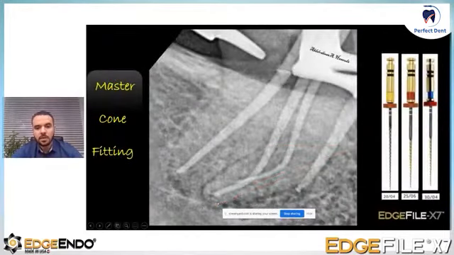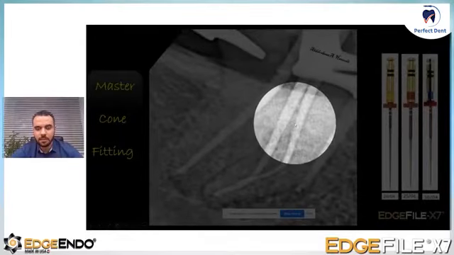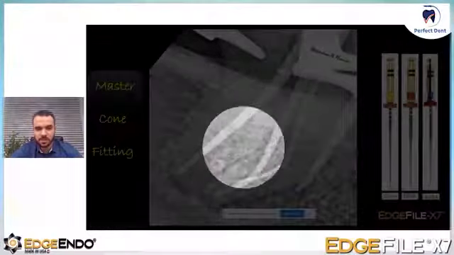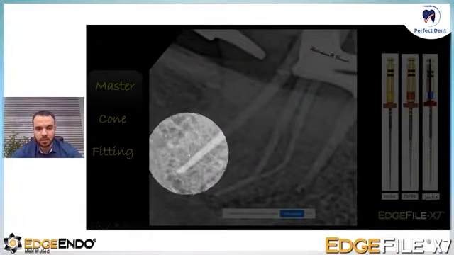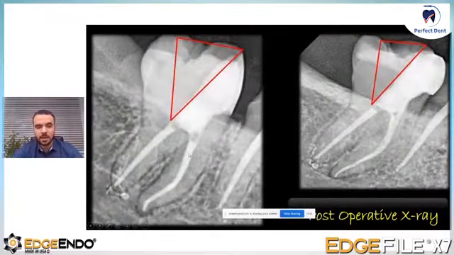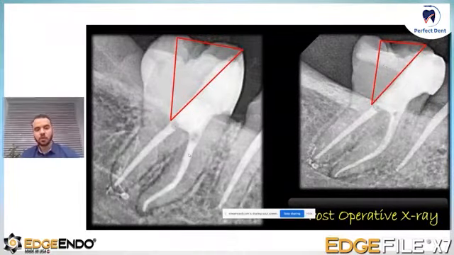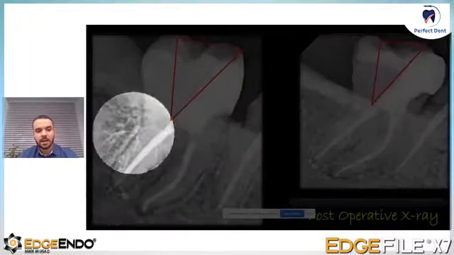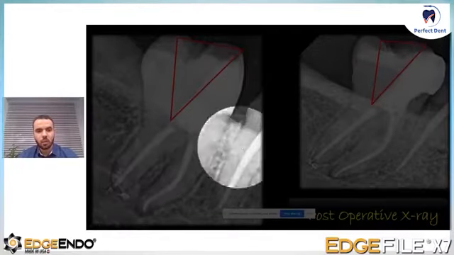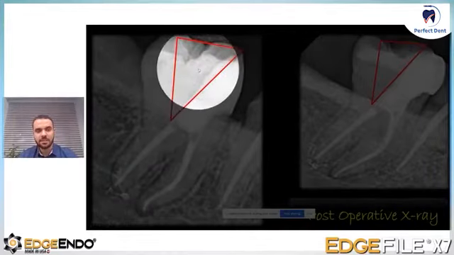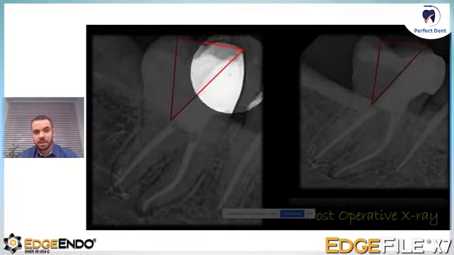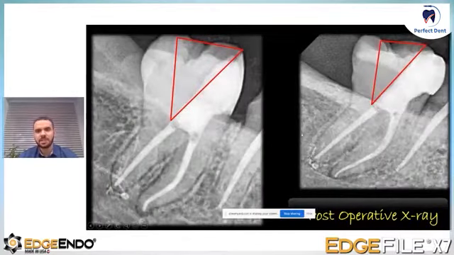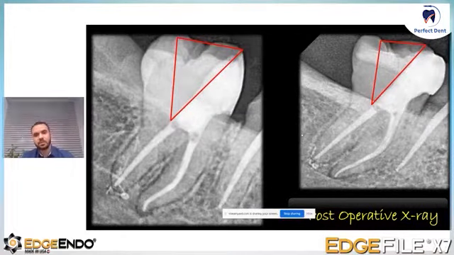File preparation was done in the mesial root till 25.6 and in the distal root with file 30.4, and the master cone was taken. The post-operative X-ray shows lateral canals in the distal wall and a massive amount of dentine saved in such a case. So the patient didn't need a crown, just a follow-up X-ray after 3 and 6 months to follow the case.